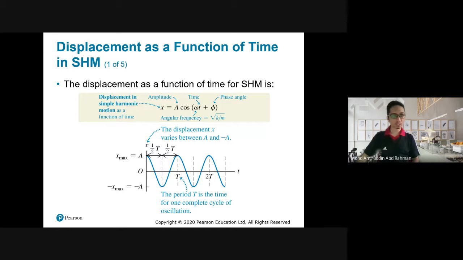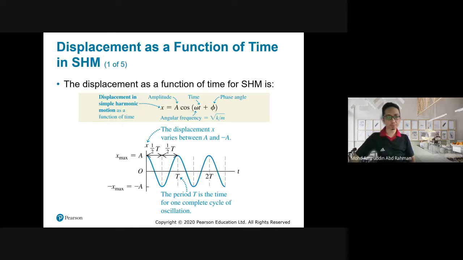Okay, so this is the equation for the displacement in simple harmonic motion, where we have this relationship. The equation states that x equals A cos(omega t plus phi). Omega is the angular frequency, and phi is the phase angle.